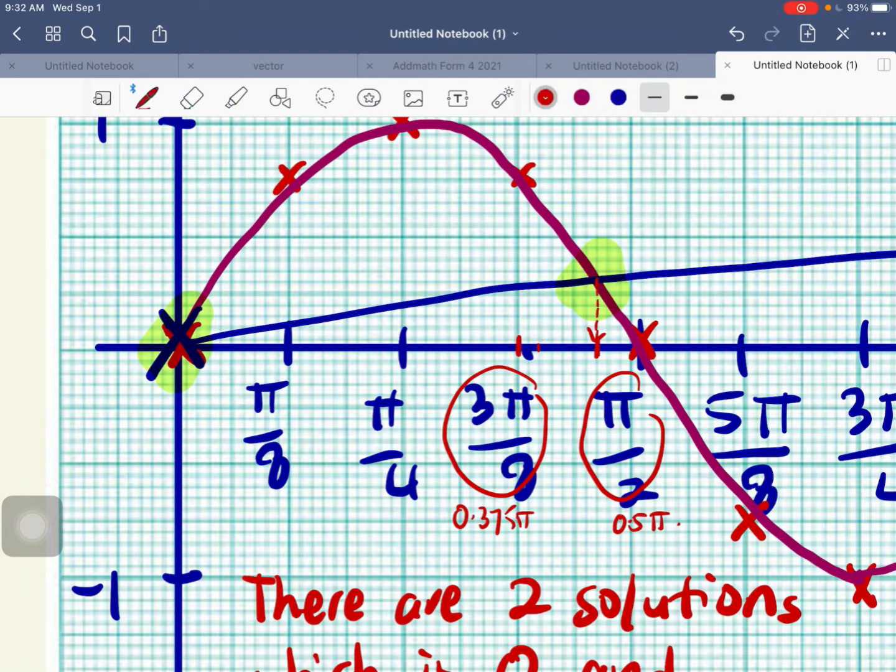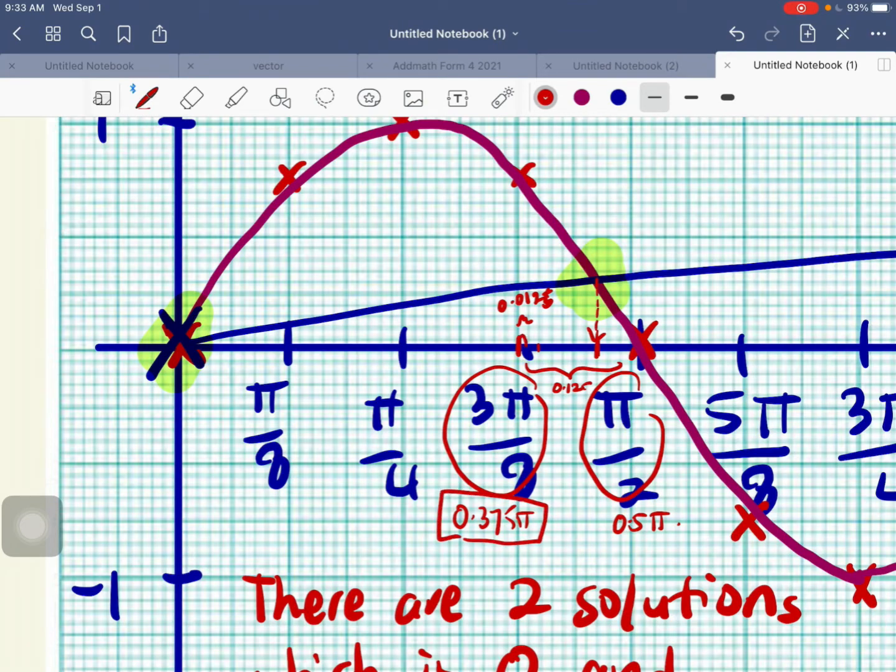So this is 0.375 just now. How do we find it? 0.5 minus 0.375, meaning that we have 0.125 here, the difference. So we divide it by 10. So we know that each small box brings 0.0125.